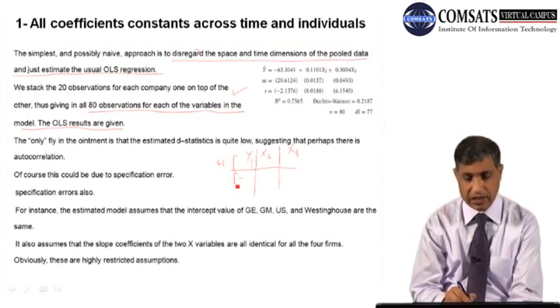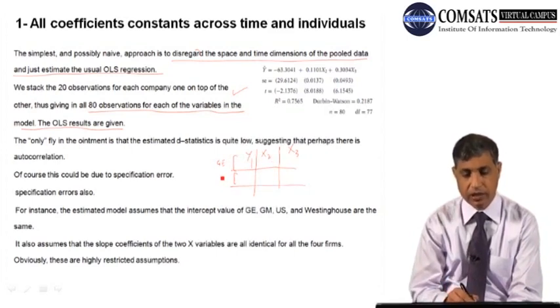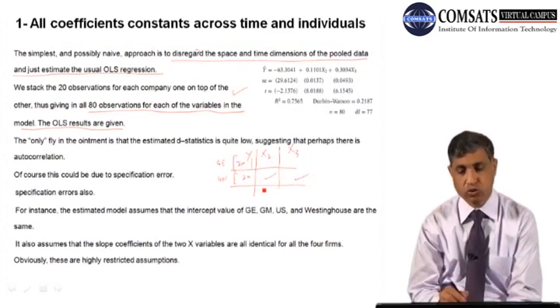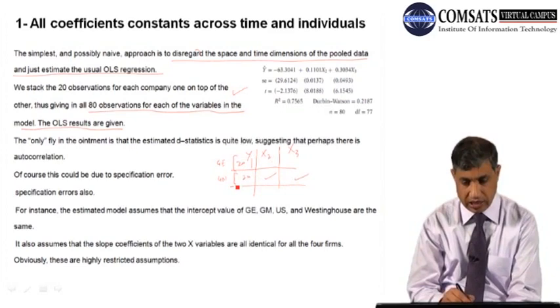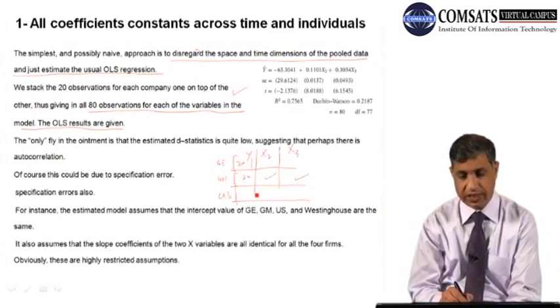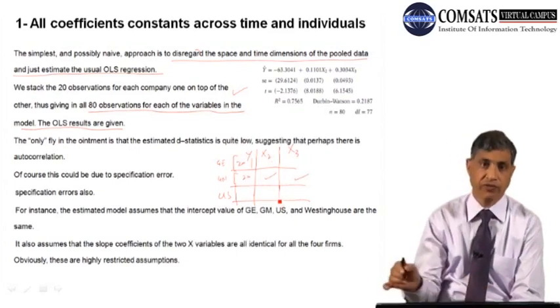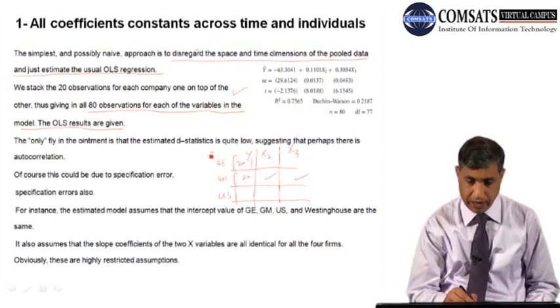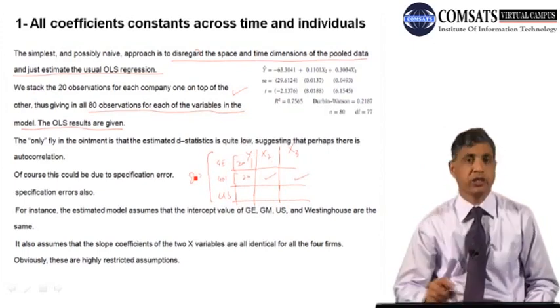From here the other starts, that is General Motors. Similarly, 20 observations here for Y, X2 and X3. Similarly the next is US Steel, 20 observations, and similarly for the last one. If I add up all the observations, there will be 80 observations.